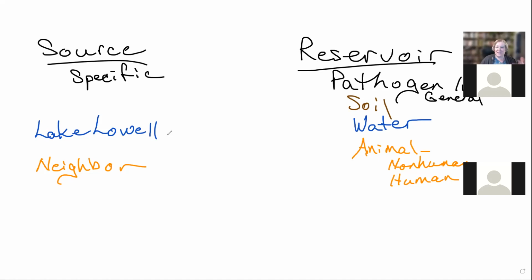Okay, it's very specific. Instead of saying just a random patch of soil, we're going to say the soil of the Caldwell feedlot.